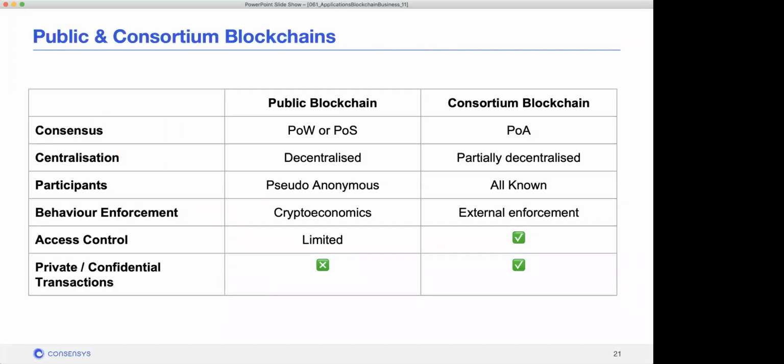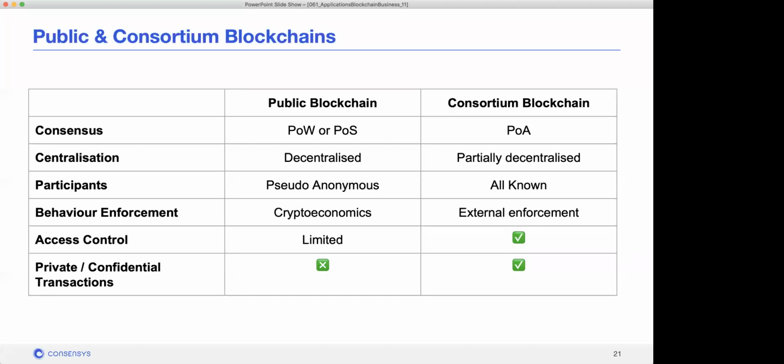When you try and compare public versus consortium, the consensus algorithm is normally proof of work or proof of stake if it's public, whereas proof of authority is what you'll use in a consortium chain, with one of the algorithms such as, say, IBFT or IBFT2.